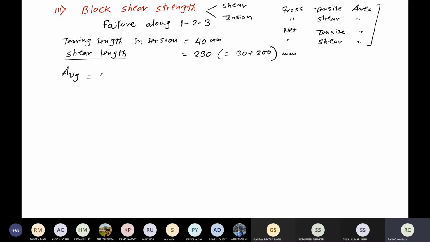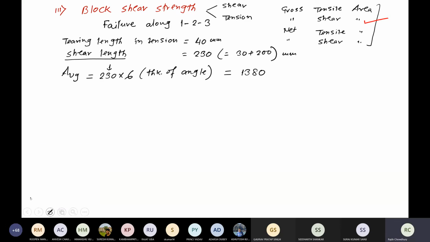So the gross shear area would be 230 times 6 mm, the thickness of the angle section. This 230 is the shear length and 6 mm is the thickness of the angle. So this would be 1380 mm square. The gross shear area has been evaluated.